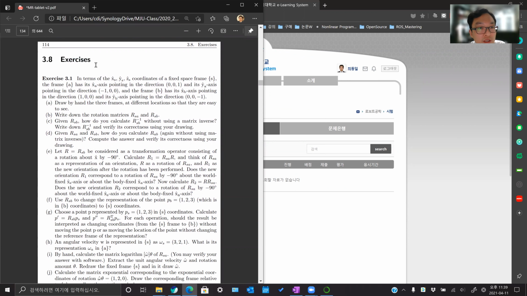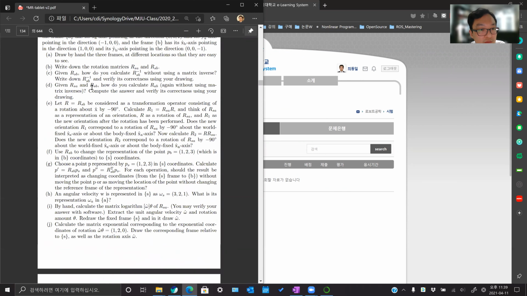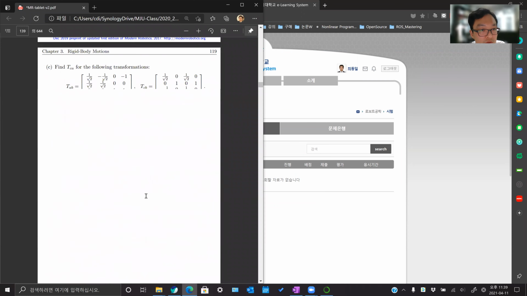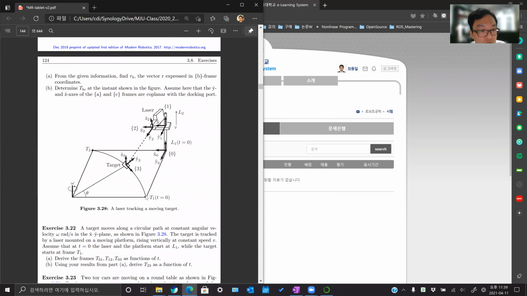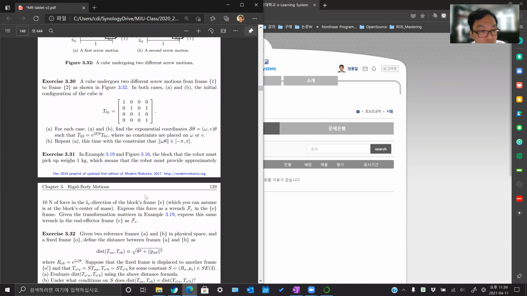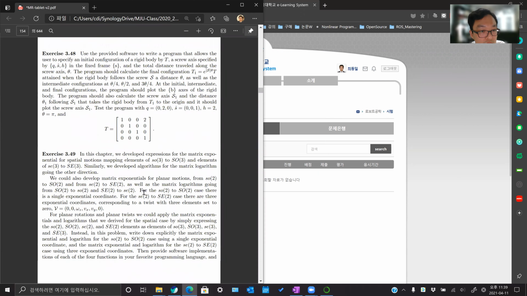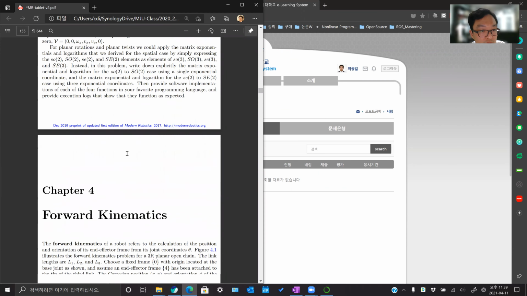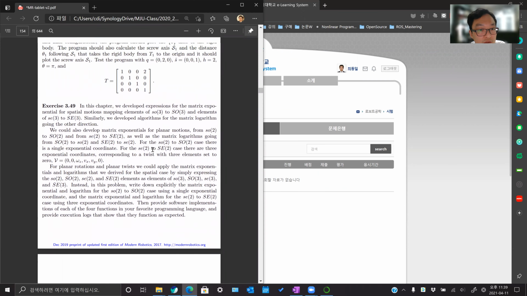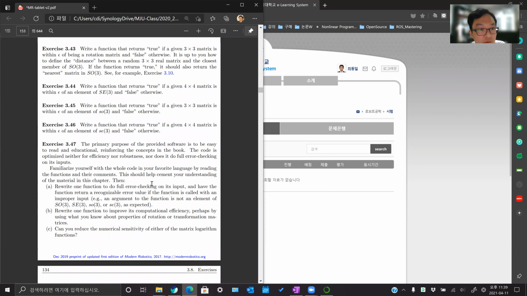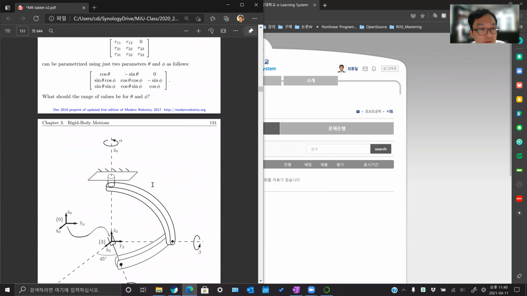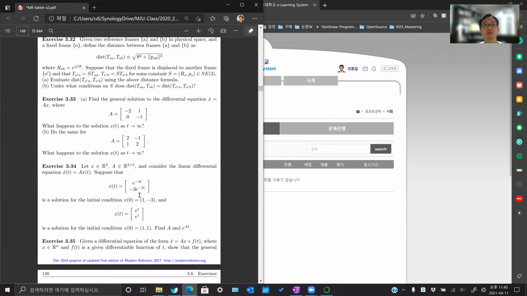It means there are exercise problems 1, 2, 3, 4, and so on. There are 49 problems, and among these exercise problems, I'll make the midterm examination.